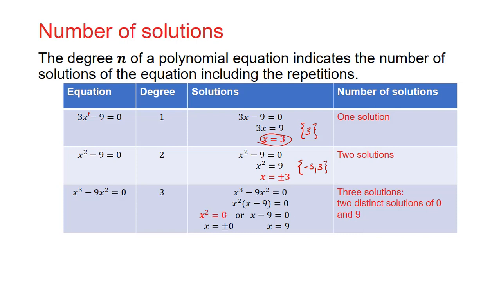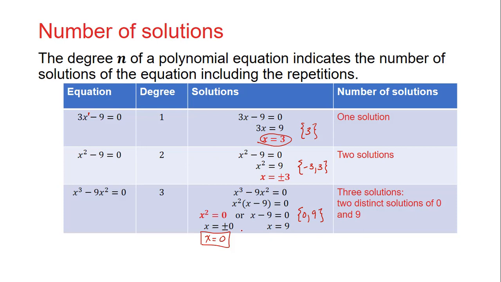To solve x squared equals 0, we can apply the square root property, which says x equals plus or minus the square root of 0, or plus or minus 0, which actually is just 0. And then, of course, we get x equals 9 for the other equation. So it looks like there's only 2 solutions, the 0 and 9, but the 0 is actually a repeating solution because of this plus or minus.